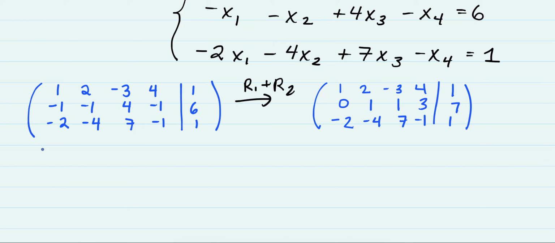Okay, now we've gotten rid of this. We made this a 0. Now we need to get rid of this -2. So we multiply the first row by 2. Okay, so we're going to take 2, multiply it with row 1, and add it to row 3. What do we get?